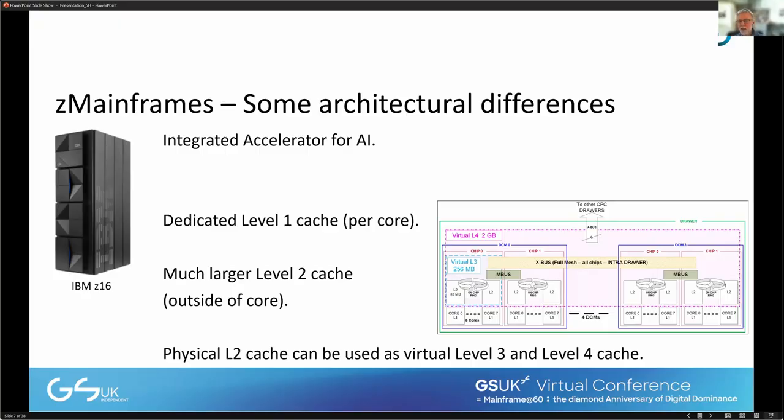Which means that when we look at the data, we have to be aware of this architectural change. And you can see in the picture on the right-hand side, the level 1 and the level 2, and the term virtual level 3 and virtual level 4, which used to be separate chips in previous generations.